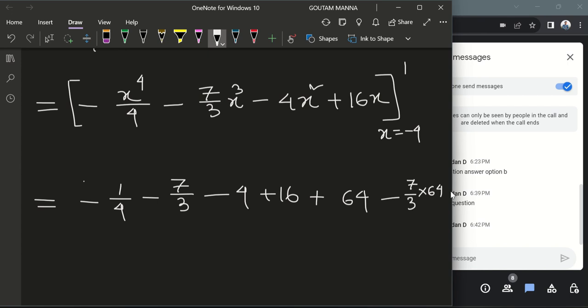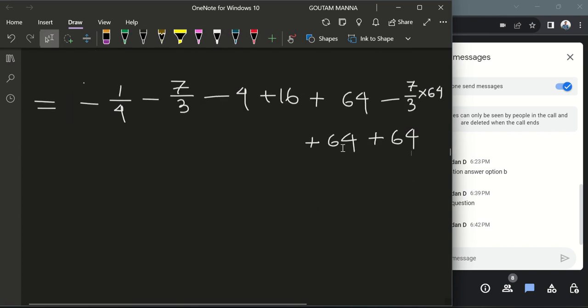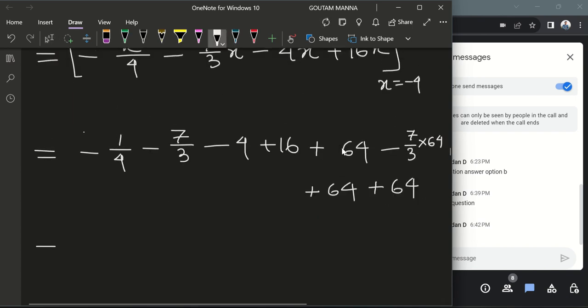Then the next term it will be plus 4 times 4 square, that is again 64, and this term it will be plus 16 times 4, which will be again 64. So 64 times 3 plus 16 minus 4.